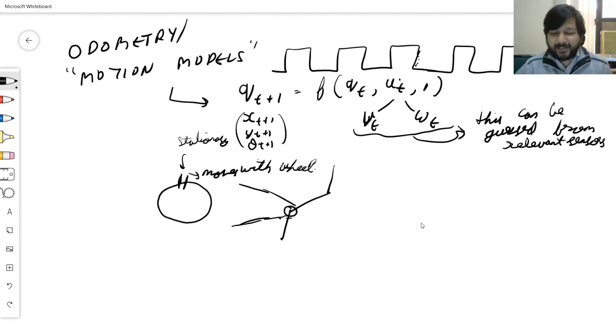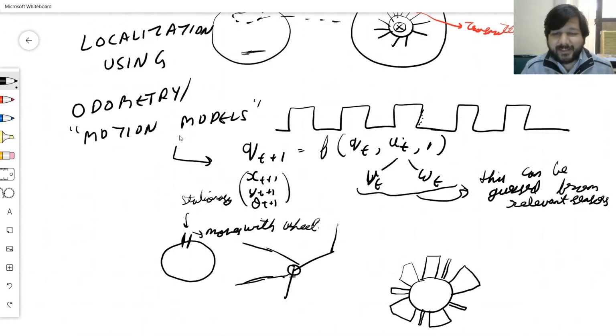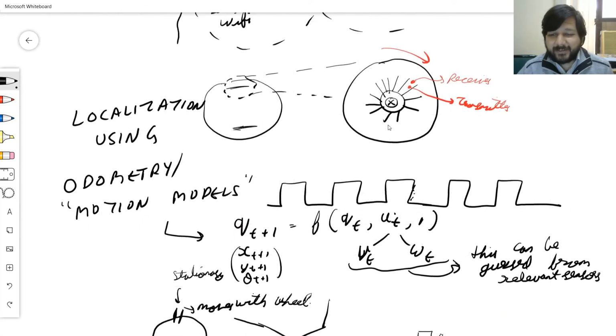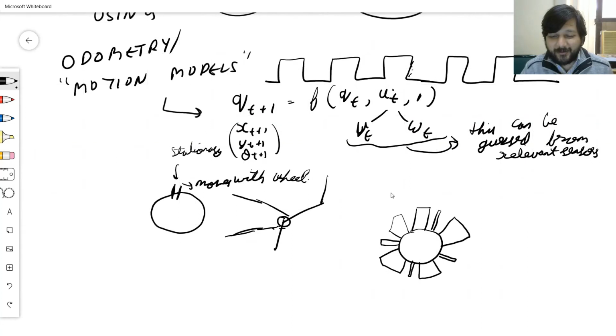You can also get it with the normal encoders, that is when you have encoders of different widths. So you can actually measure for how long you did not receive the signal, and that can be used to have an absolute position of the wheel. Okay, bad diagram. There I drew all the spikes of the same width, and that was the incremental, and in the non-incremental they are of unequal width.